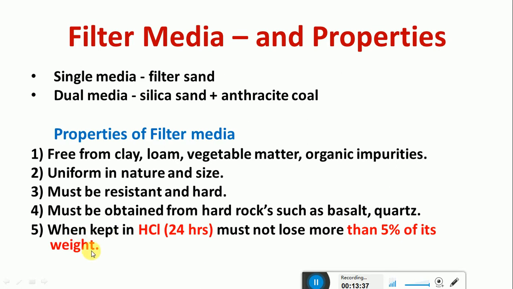Because if more organic matter is present, after addition of HCl it may lose weight. Hence this check is done to see that the sand is of good quality and of uniform granular size, because sand is a very important media in the filtration process.